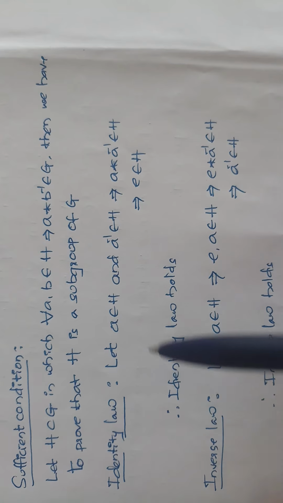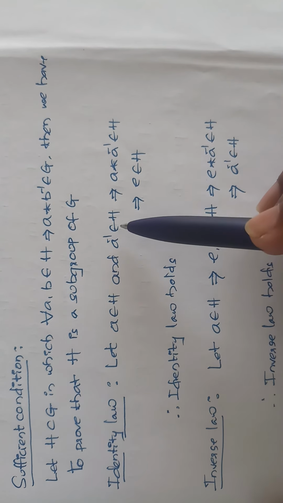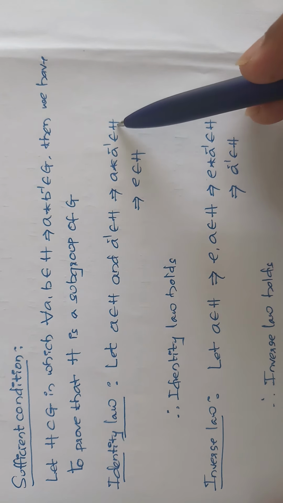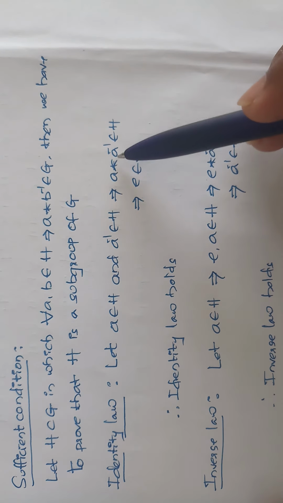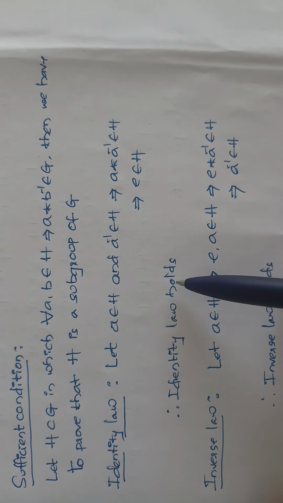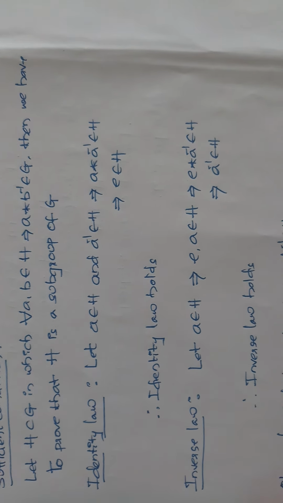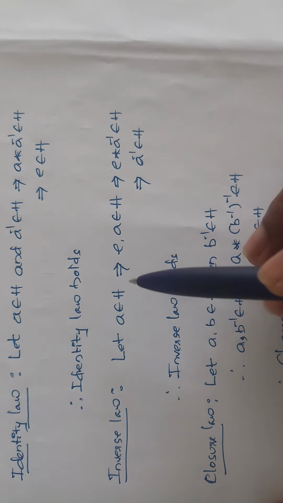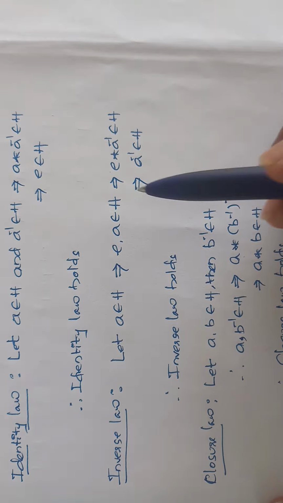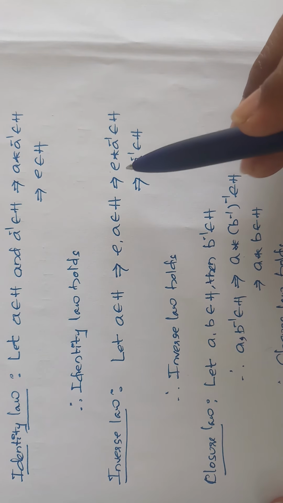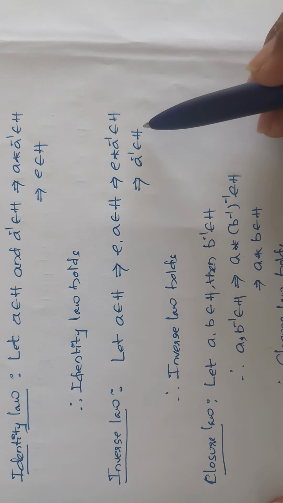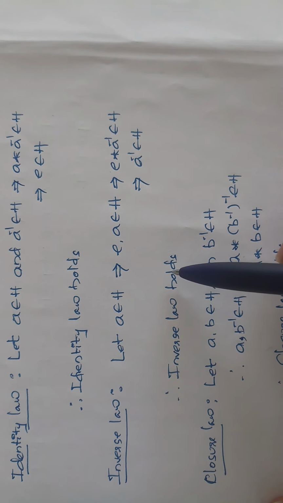So identity law, let A belong to H and A inverse belongs to H, then A star A inverse belongs to H, and A star A inverse is E. E belongs to H. Therefore here identity law holds good. Next, inverse law. Let A belong to H and E, A belong to H, then E star A inverse belongs to H. That implies that A inverse belongs to H. So here inverse law holds good.